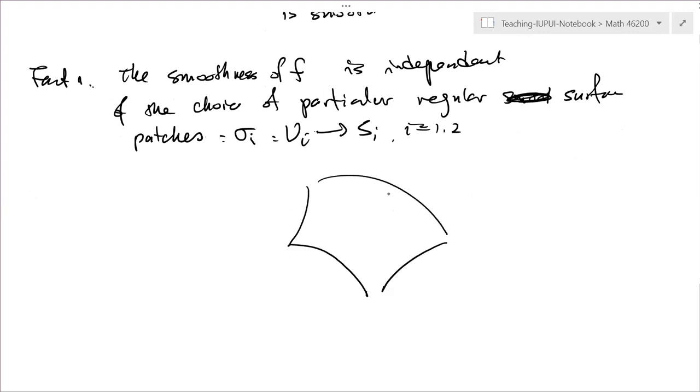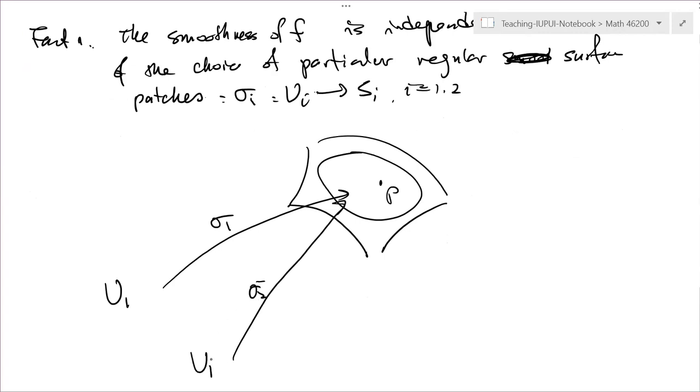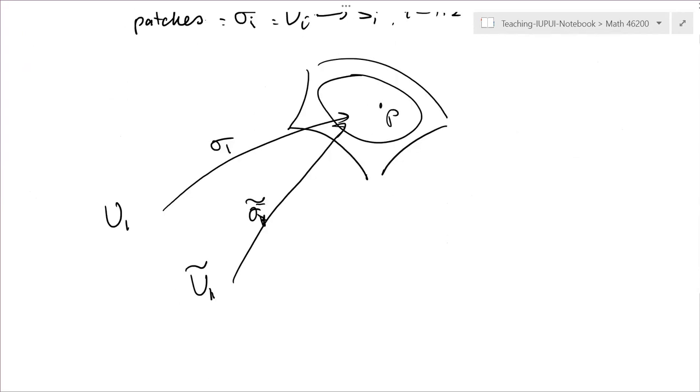So if you have a point P, suppose there are two sets: this is sigma 1 with U1, and here another one, sigma 1 tilde. Then you have a map from U1 to U2 and back, or its inverse.